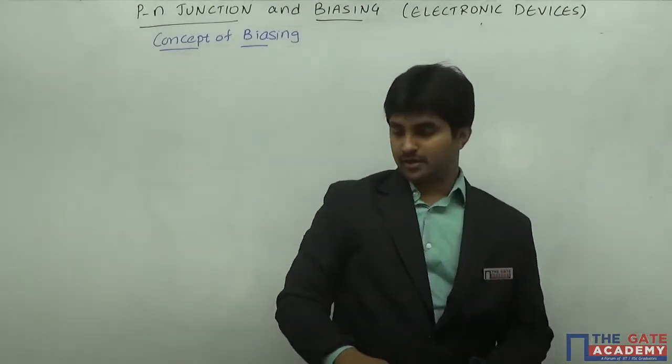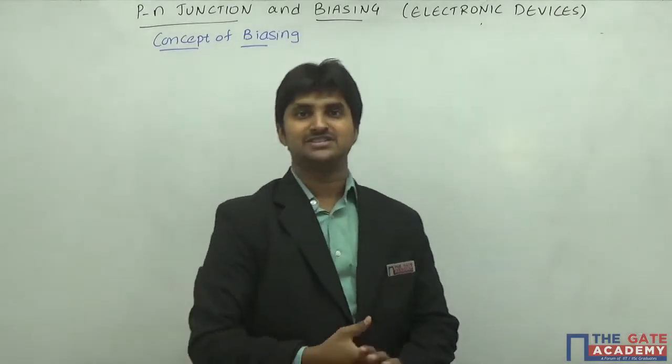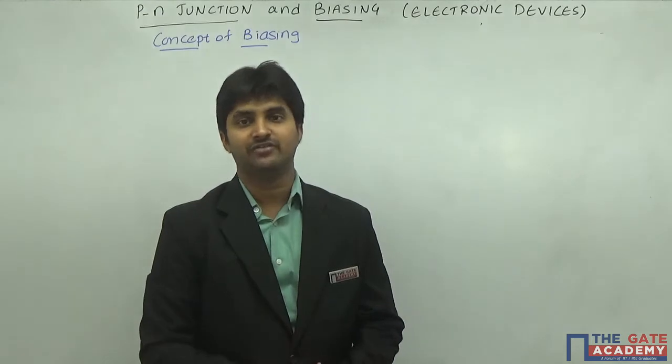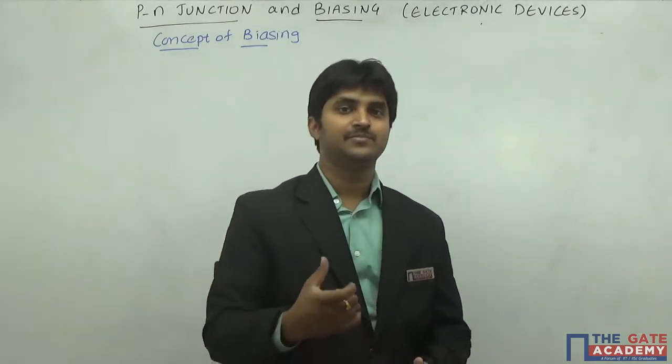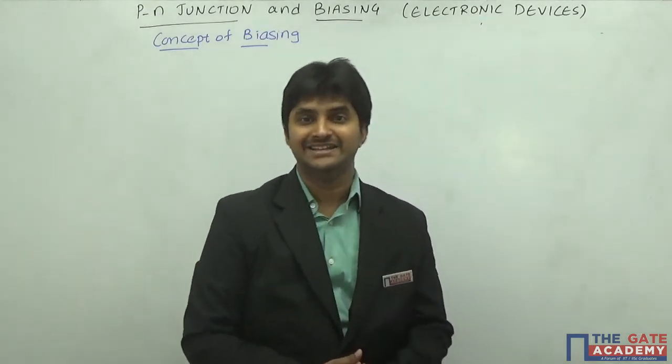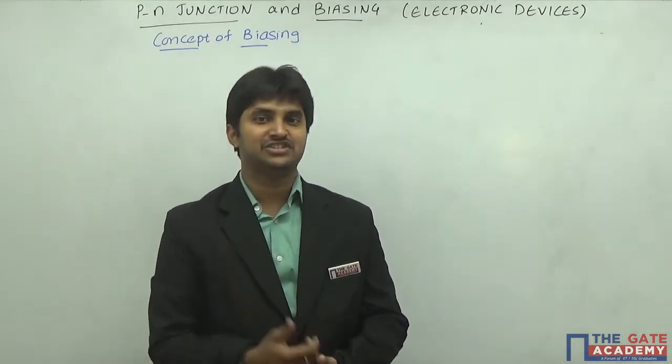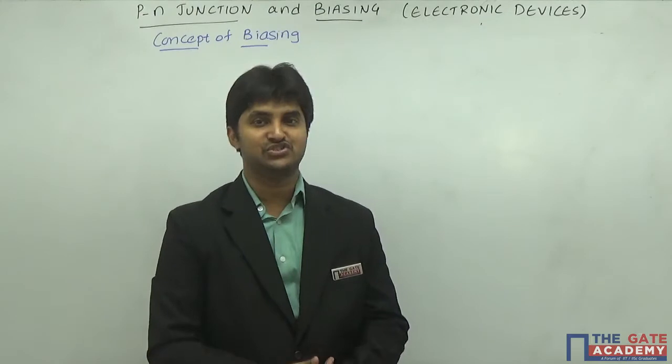So whenever you are applying some energy, which is nothing but electrical energy in particular, because your diode is nothing but an electronic device. We can apply the energy because it's a directional device. It's not bidirectional, it's a unidirectional device.